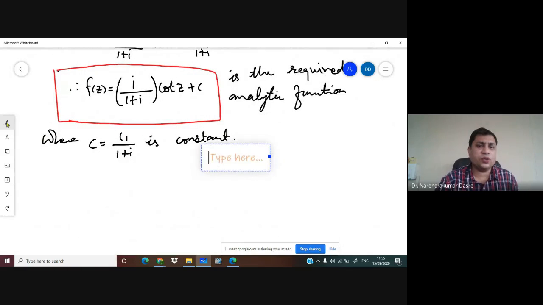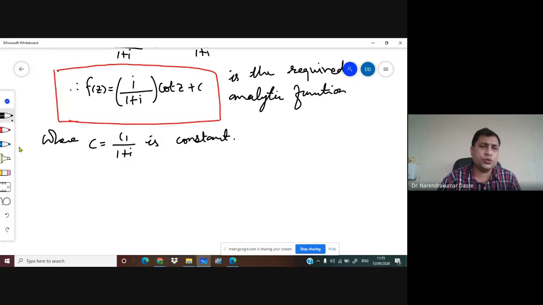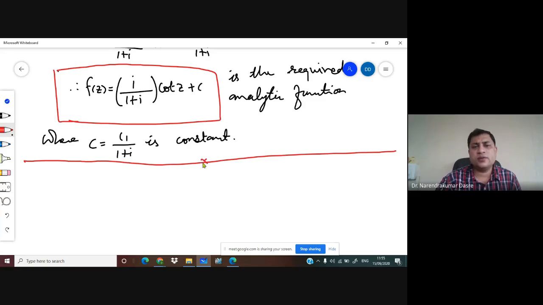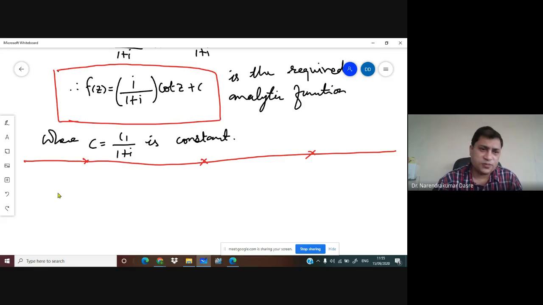So this way we have to use the Milne-Thompson method when the sum or difference of the real part and imaginary part of the function are given.